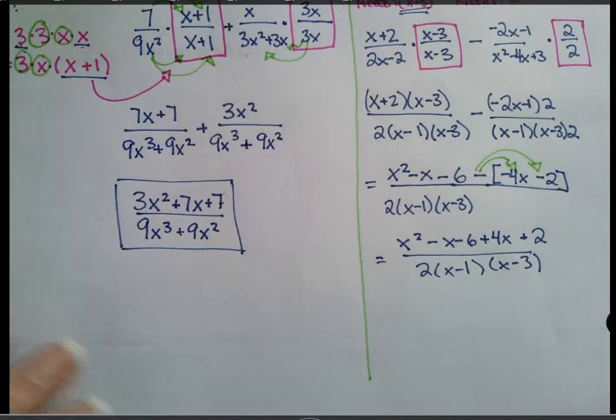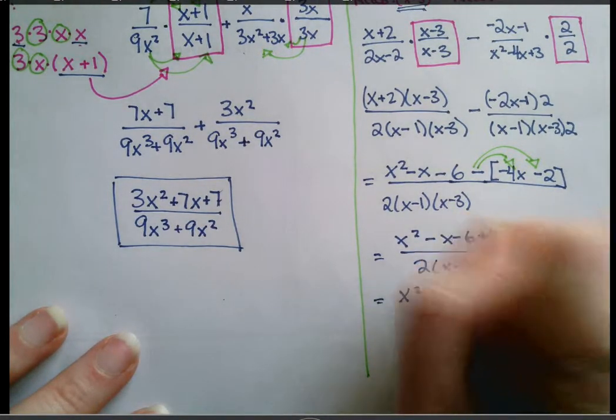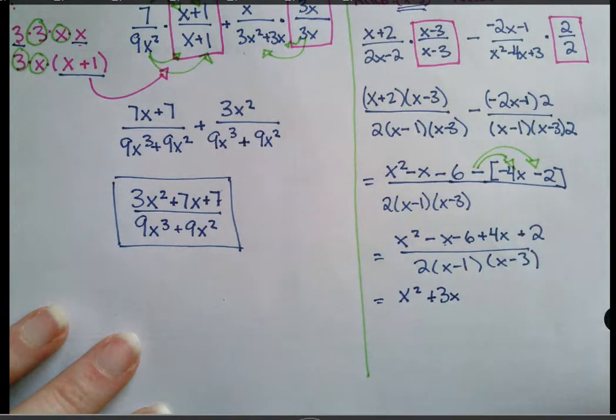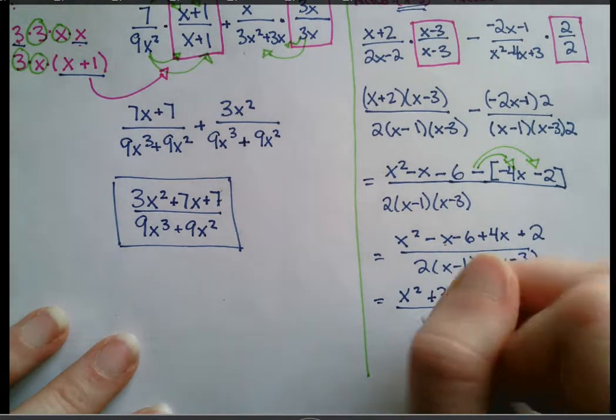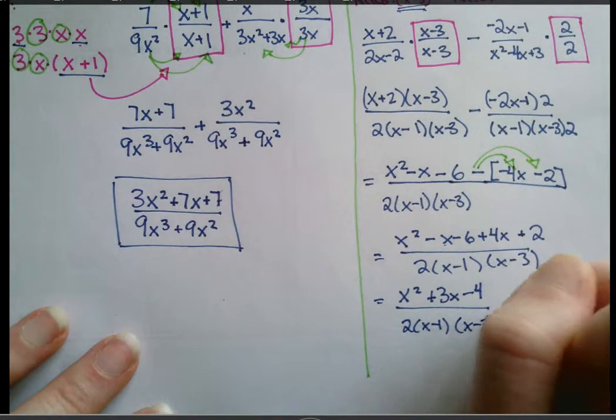So, long process, I know. It's tedious, but good to know. X squared, well, if I combine these here, I end up with a plus 3x, and the negative 6 plus 2, that becomes a minus 4, all over the 2 times x minus 1 times an x minus 3.